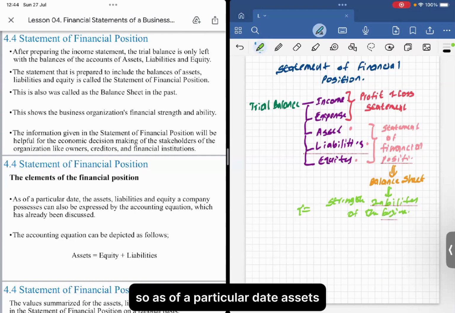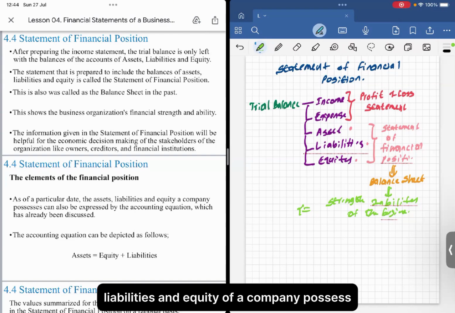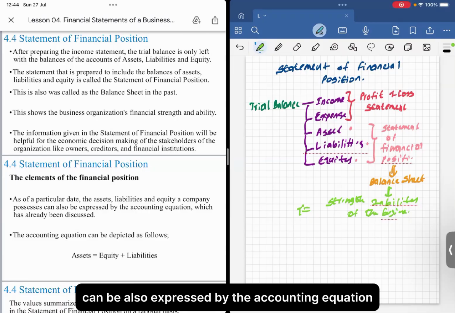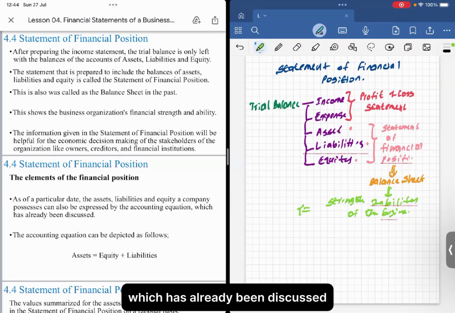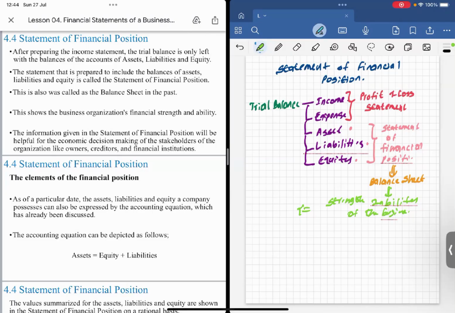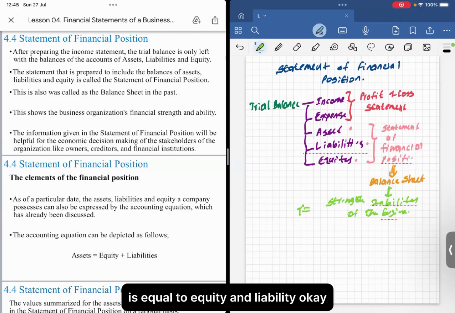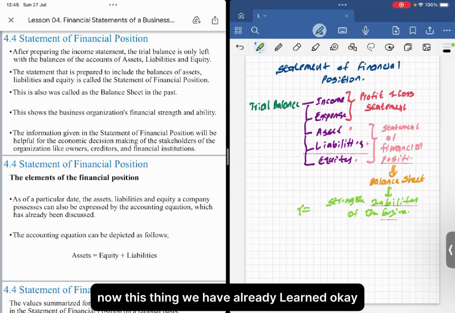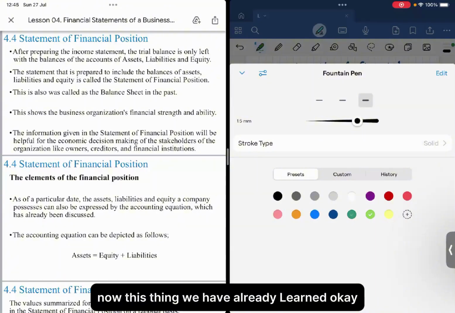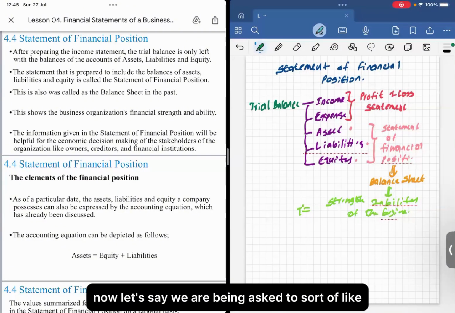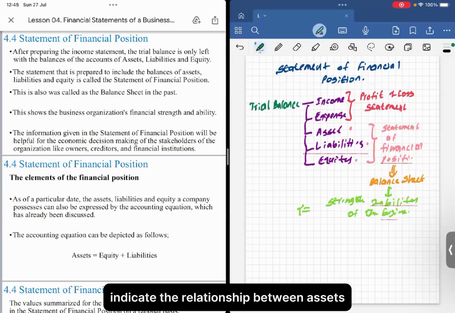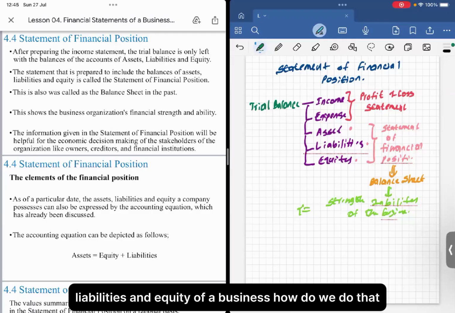As of a particular date, the assets, liabilities, and equity of a company can also be expressed by the accounting equation, which has already been discussed. The accounting equation can be depicted as assets equal to equity plus liability. This we have already learned. If we are asked to indicate the relationship between assets, liabilities, and equity of a business, how do we do that?